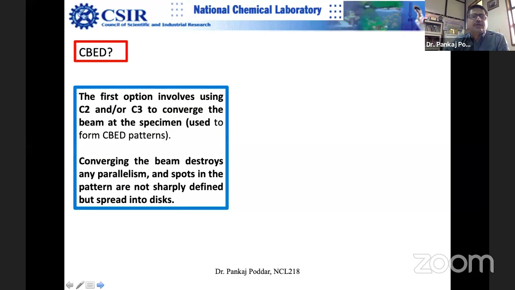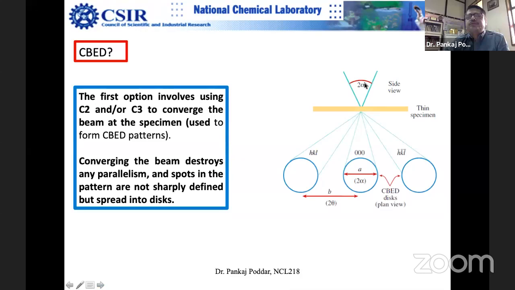In CBED, this is your thin specimen and you take the convergent beam. This is your angle alpha, and the beam becomes a disk. I told you that, sorry, the spot becomes a disk. Earlier this was the 0,0,0 diffraction spot, the central bright spot.